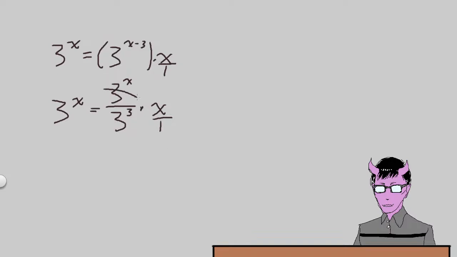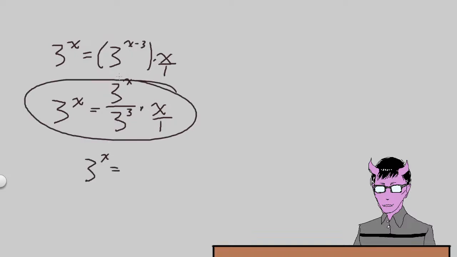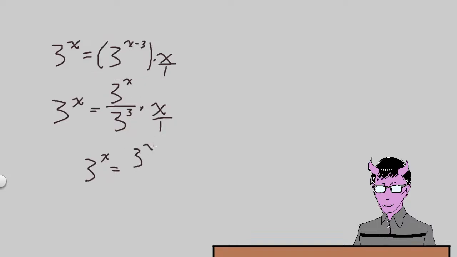Once it's in fractional mode, you multiply top to top and bottom to bottom. For visual clarity, the numerator will look like that, and the denominator will look like this. So there we are. This is technically over 1.